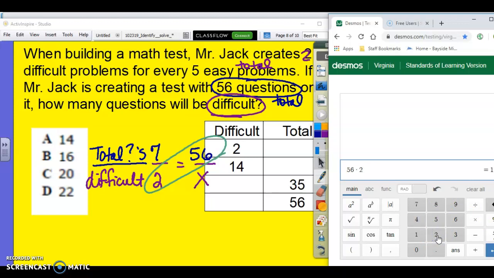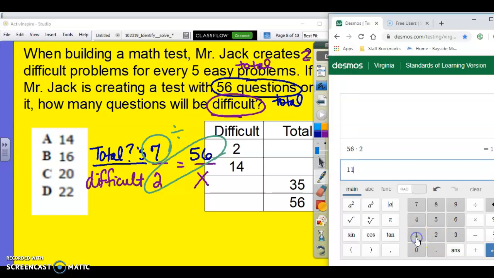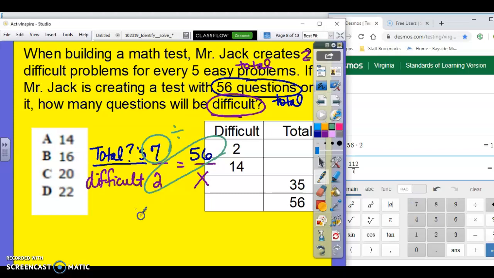We get 112, and then you divide by the number that's left. So we're going to hit divided by 7. And we get an answer of 16. X equals 16.